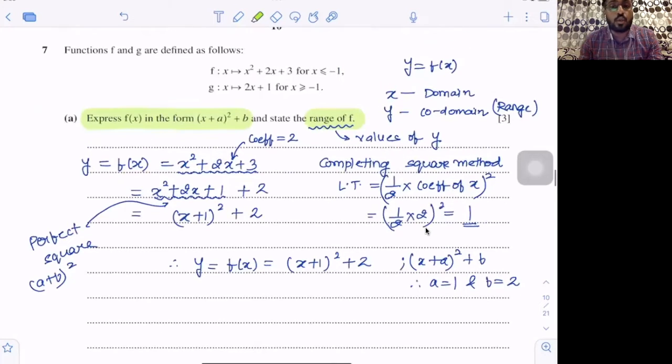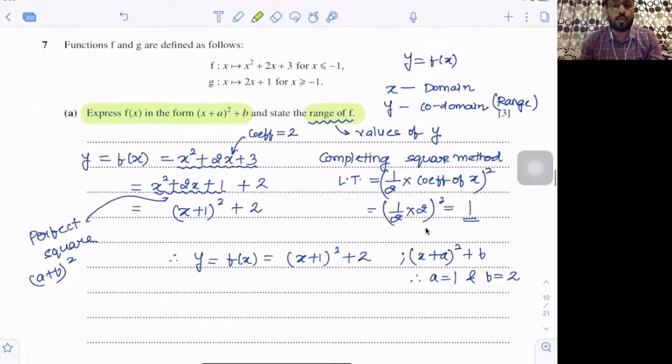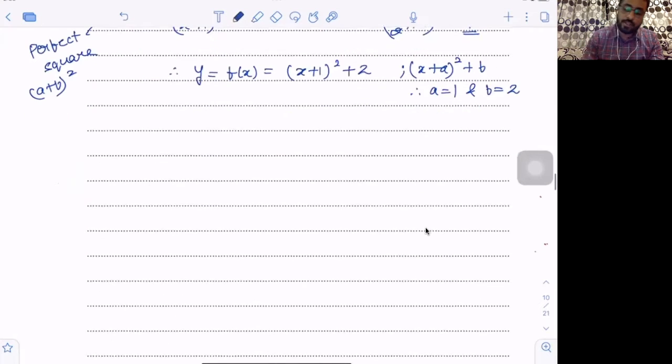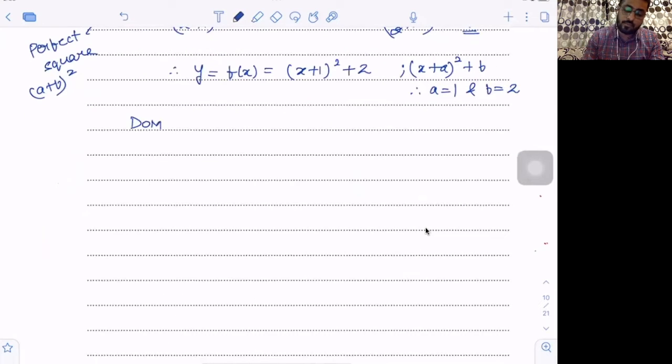Now, what is the domain given to you? Domain is x less than or equal to -1. I want to get the value of y. So students, x is the domain, y is the codomain, and values of y for respective values of x, whatever values of x you have, the respective values of y will be called the range.